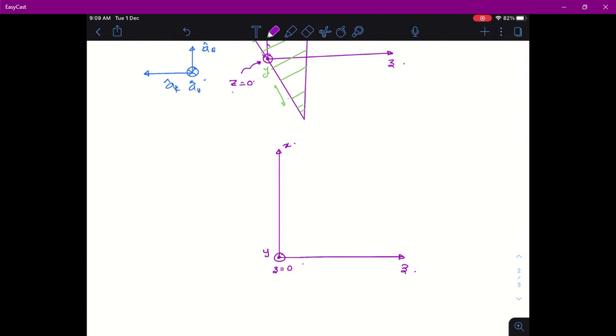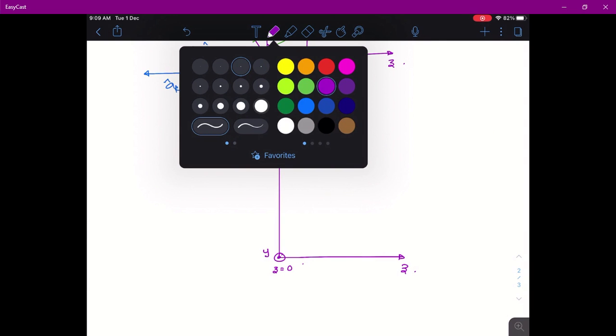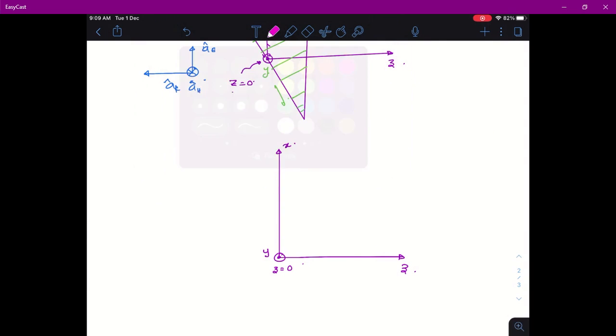Okay. Now let me draw with a different color. I have a_k cap, and this is my electric field. I denote as E_I, which is the incident electric field, and I have the corresponding magnetic field H_I.